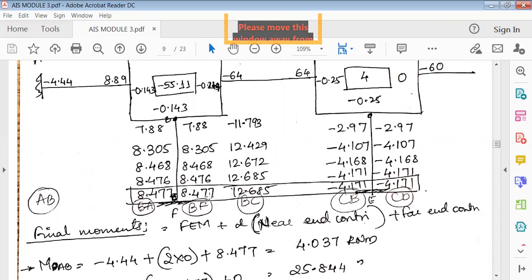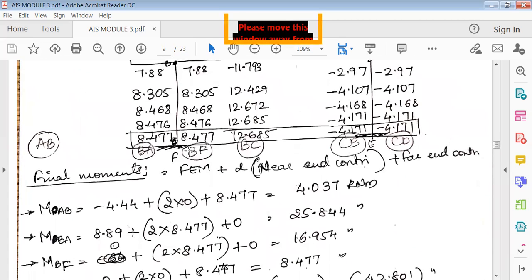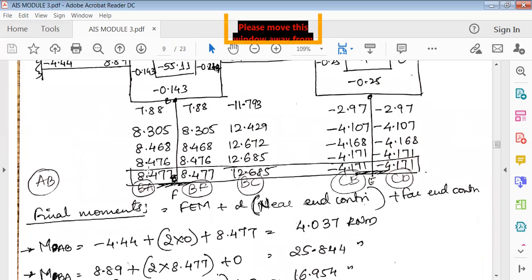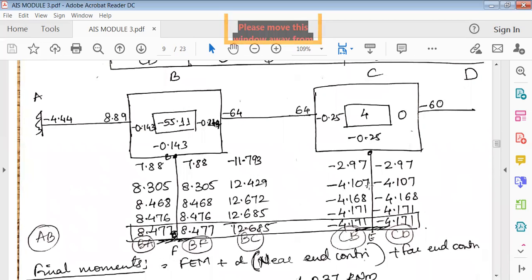Right now we are talking about BF, that means we are writing from B which ends at F. So BF is 2 times 8.477, plus far end. Far end there is nothing here, FB is 0. Now see here, BF is 8.477, but FB is 0. Similarly here also, CB is minus 4.171, whereas EC is 0.